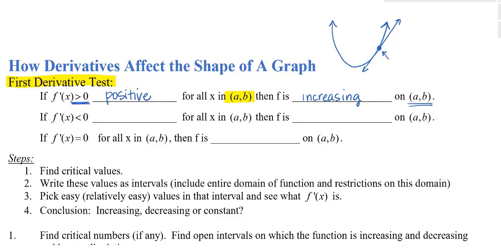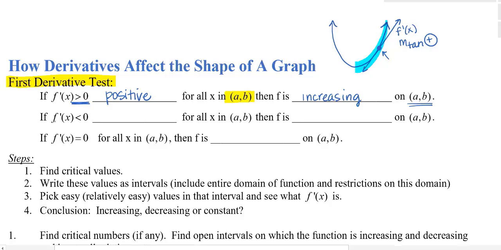The original function is increasing because f prime of x, or the slope of the tangent line, is positive at that point. So we would say the interval, maybe from here to here that I just highlighted in blue, all of those x values we would be increasing, and so we would write that then in interval notation.